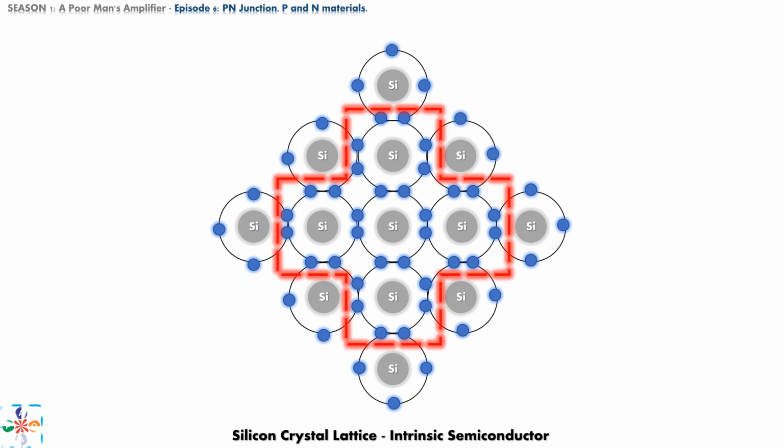By adding only silicon atoms to our crystal lattice, we made an intrinsic semiconductor. An intrinsic semiconductor means that the entire crystal lattice is made of only silicon atoms, with no impurities. Same goes for a crystal lattice made from germanium atoms.